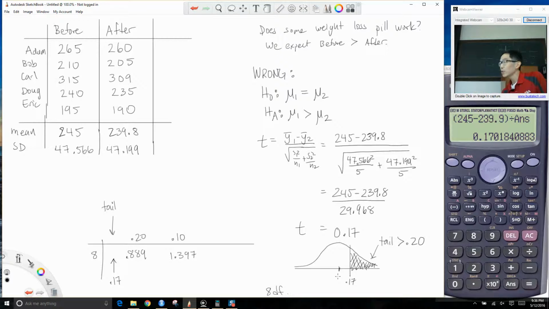So at this point, if we used alpha as 5%, our default alpha, our p-value is going to be greater than alpha, and what would that lead us to conclude? We do not reject the null, and we say we do not have evidence that the weight loss pill works.